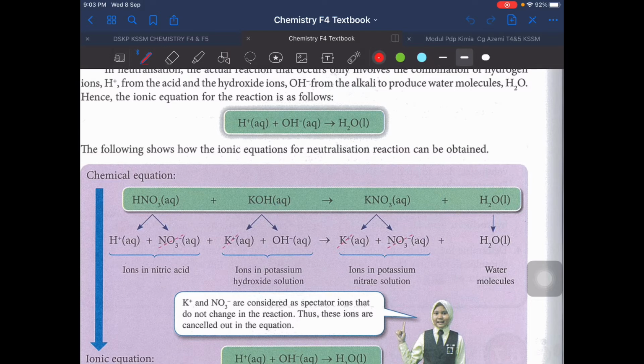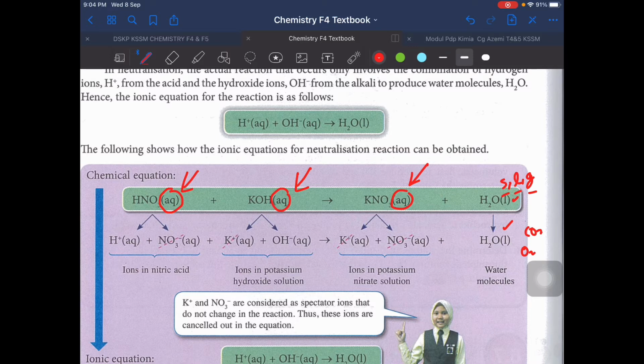If you want to make the ionic equation, you need to look at the state. This one is aqueous, this one also aqueous, and this one also aqueous. So what you do is separate it into ions if it is aqueous. If it is a solid, liquid or gas, you do not separate it. Leave it in its original form, whether solid, liquid or gas. An example of a gas is carbon dioxide or oxygen.